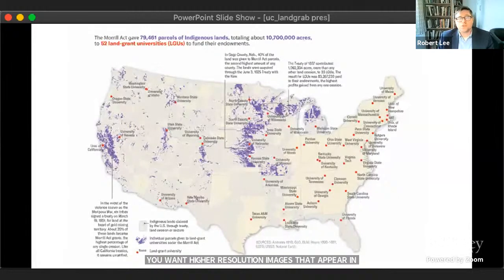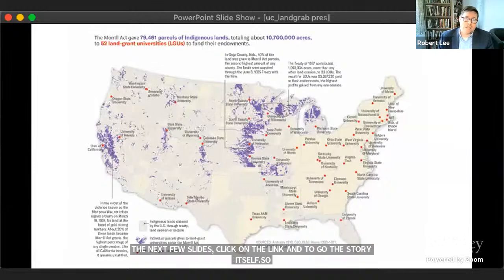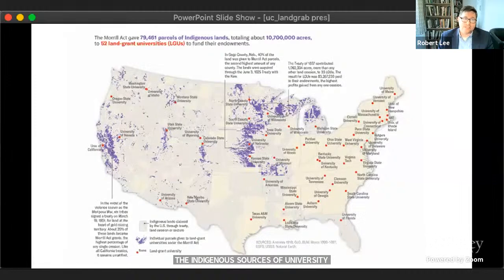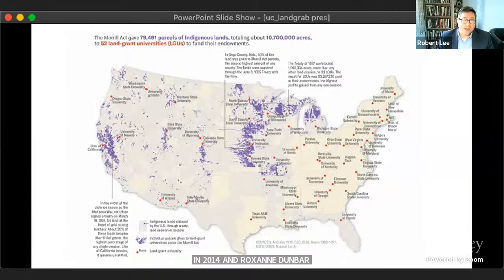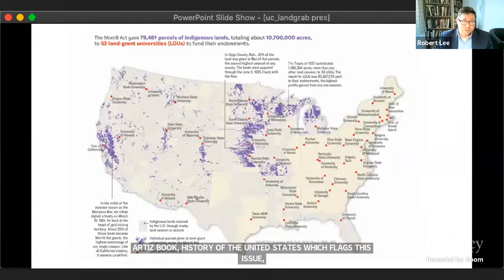The indigenous sources of university land has been a major emerging issue in the last 5 years or so. Studies of slavery in the university have provided a natural springboard for this type of work, but we could see it emerging in 2014 in Roxanne Dunbar Ortiz's book, An Indigenous People's History of the United States, which flags this issue. Cultural theorists like K. Wayne Yang have discussed it from the perspective of decolonizing the university.